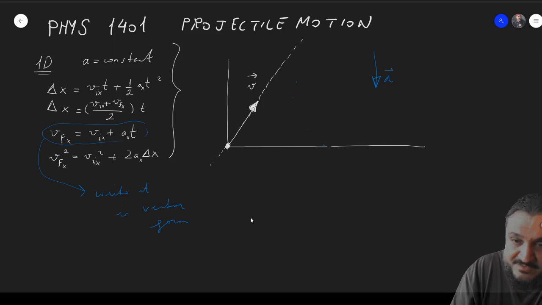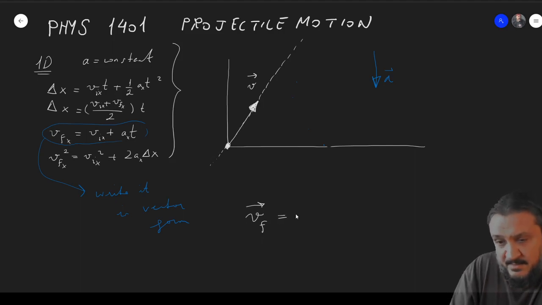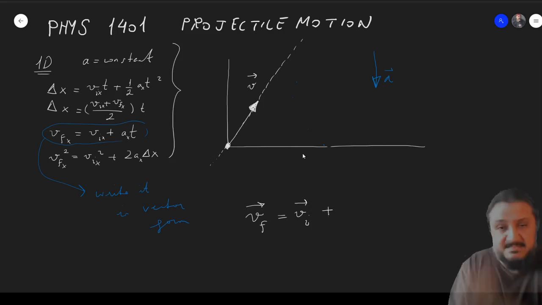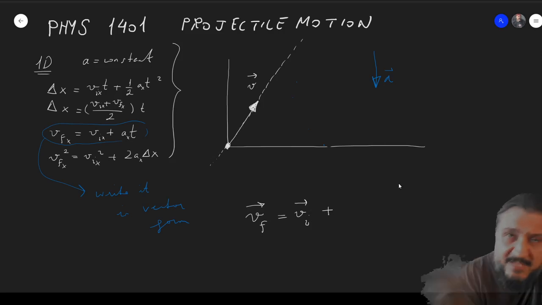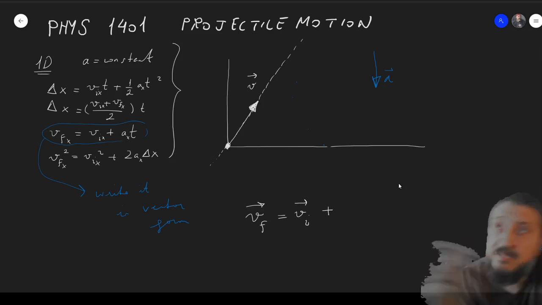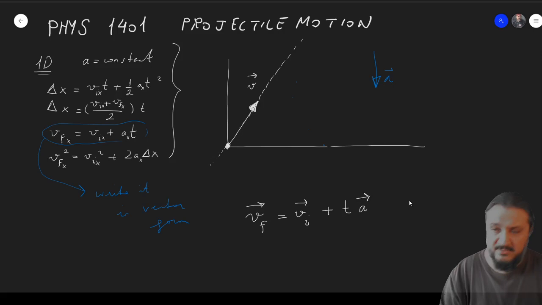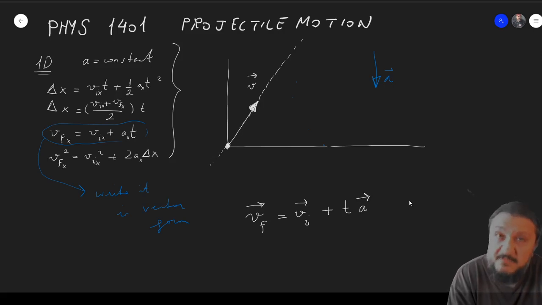Well, use arrows on top, but do not use the X. V final equals VI plus, now I have two objects here, T and A. T is a scalar. T is not a vector. T is time, right? It's just a number that you multiply your vector with. A is the vector. Right? AT or TA, doesn't matter. The order doesn't matter. That's your vector equation.